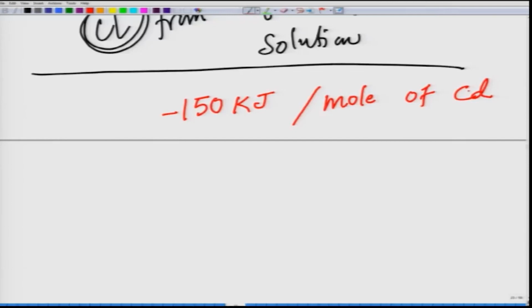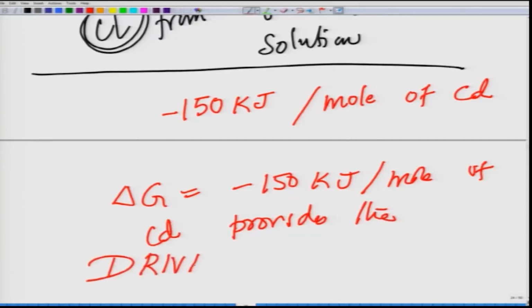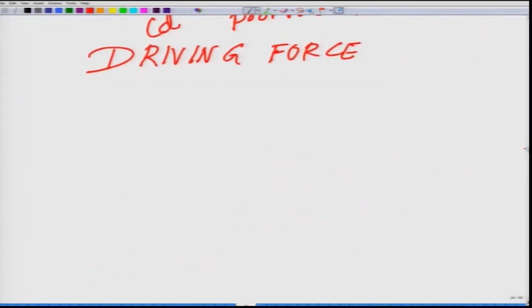So delta G is equal to minus 150 kilojoule per mole of cadmium, which provides the driving force for this reaction to occur.